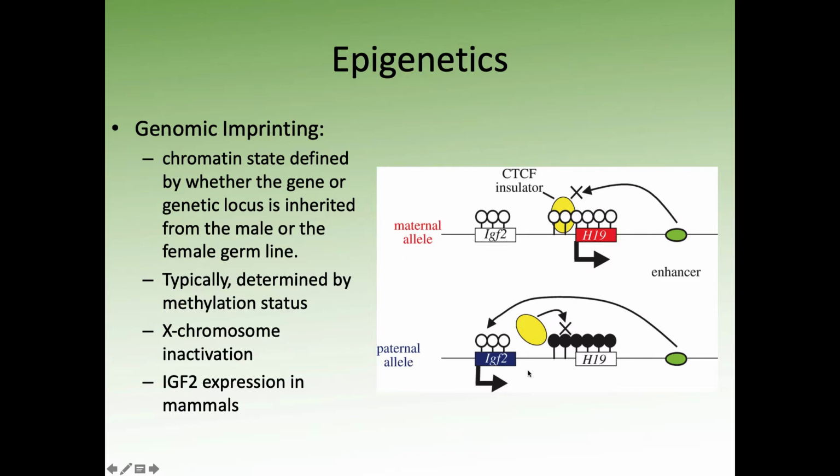Thus, the enhancer is able to bind to the promoter region and allow for the expression of IGF2. So depending upon whether the copy of the gene was inherited from the mother or the father, you will see different patterns of gene expression.